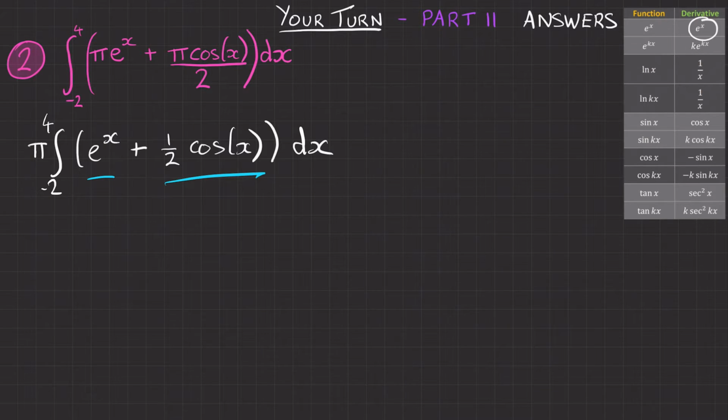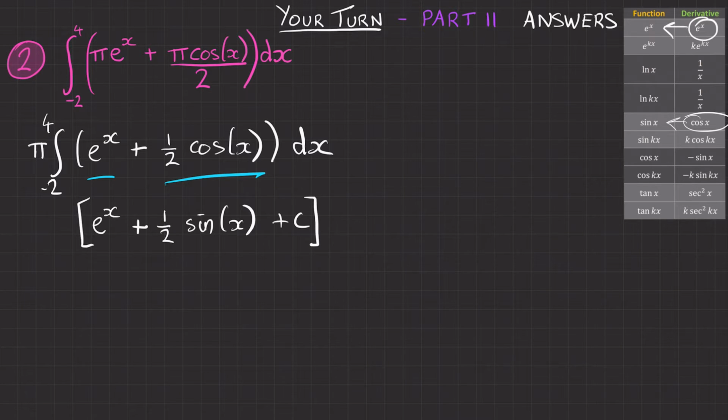So we'll have e to the x, which integrates to e to the x, plus cos of x integrates to sine of x. So we'll have half sine x, and then plus c, all bounded by the points -2 and 4. And don't forget that we are multiplying this by a constant, which in this case is pi.